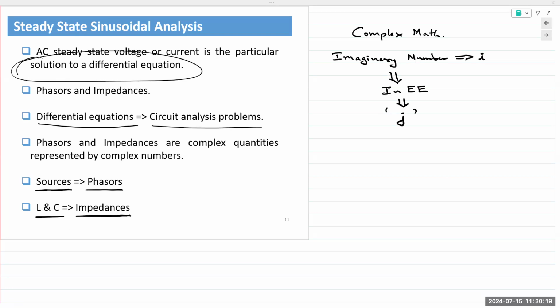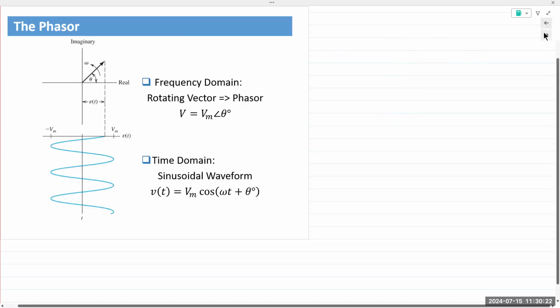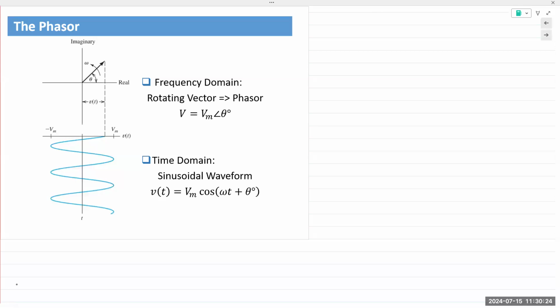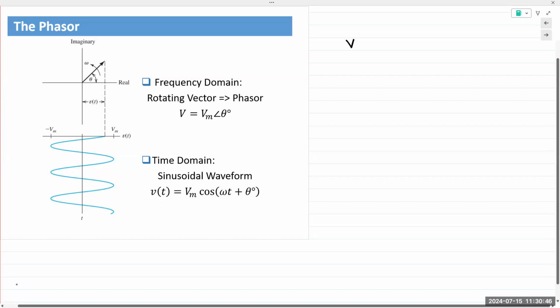Let's take a look at our sinusoidal waveforms first. How are we going to represent the sinusoidal waveform and the complex impedances? As I stated, we represent them using complex numbers. We're going to use vectors to represent both complex impedance as well as the source, in terms of a phasor. What do we need to describe a vector? Absolutely, magnitude and direction.